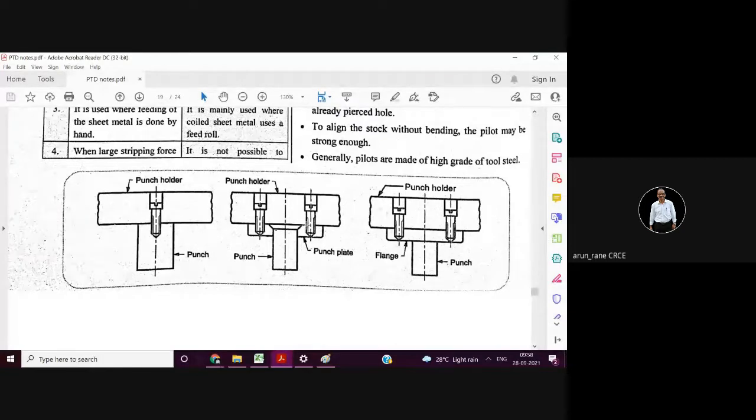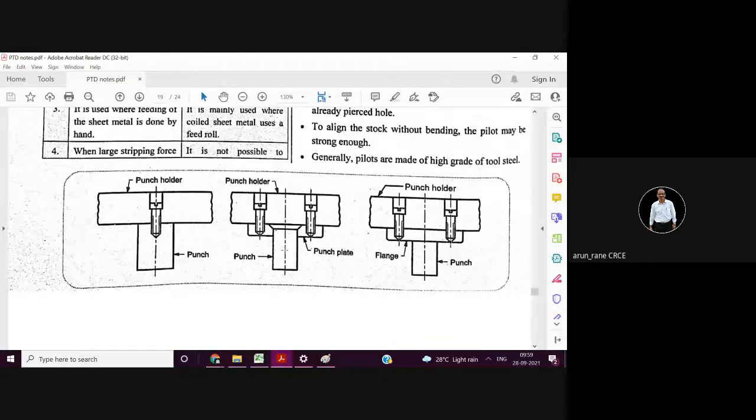Then at the second station you provide a pilot. No doubt you have a stop, but the pilot will give you better accuracy. And then in the third station you do blanking. So in most progressive dies, if there is blanking and piercing, it can be a three-station die.